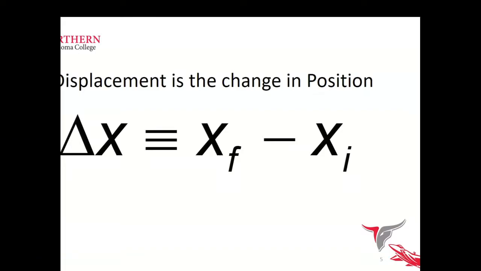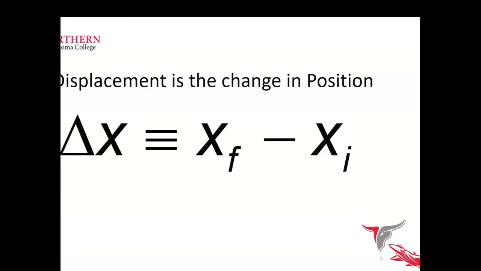Each one of those ways that I traveled has a different total distance traveled. Some of them are very long, some of them are as short as you can do by driving. If I really was good, I could fly a direct line between here and Enid, and that's where my displacement would be, where I'm at the end and where I'm at the beginning.